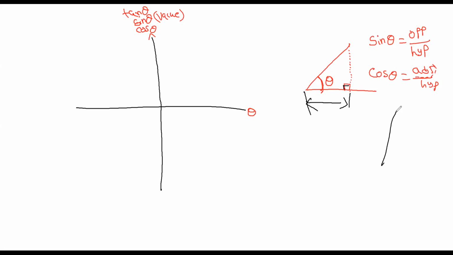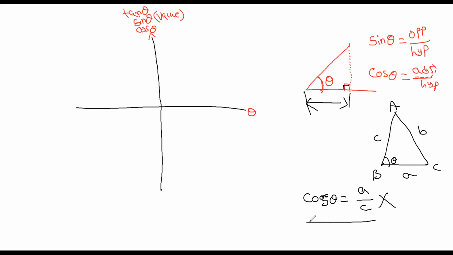Let's suppose you take one triangle like this, and this angle is theta. ABC is a triangle, and a, b, c are the sides of the triangle. If I talk about cos theta, you can't write it as a by c, because this is not a right angle triangle. So we have to make a right angle triangle by drawing the perpendicular.